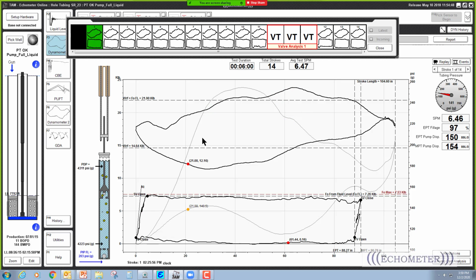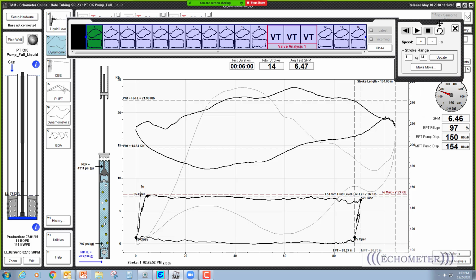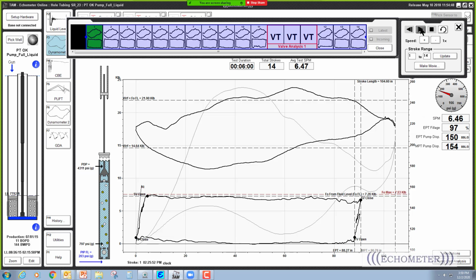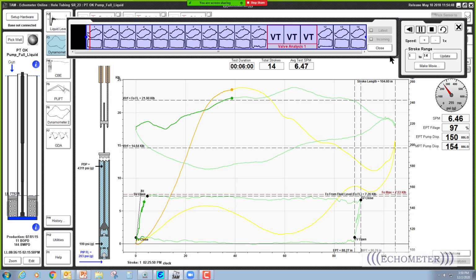You can't see it. So I'm going to do replay, because replay will show both the cards in a different color, not black, and the tune pressure in yellow.